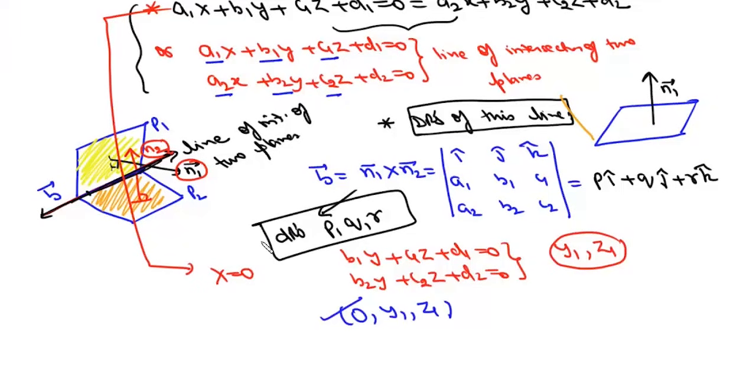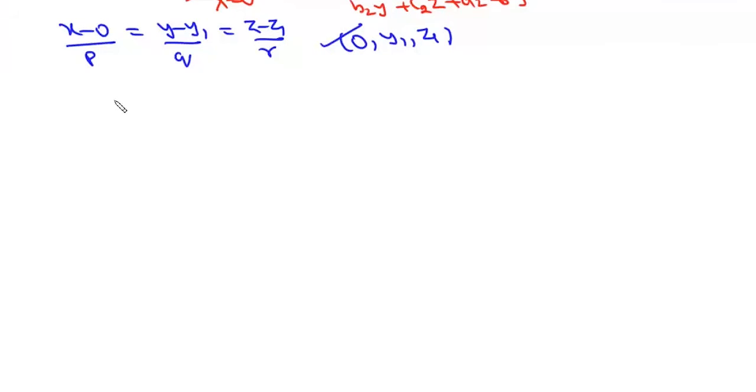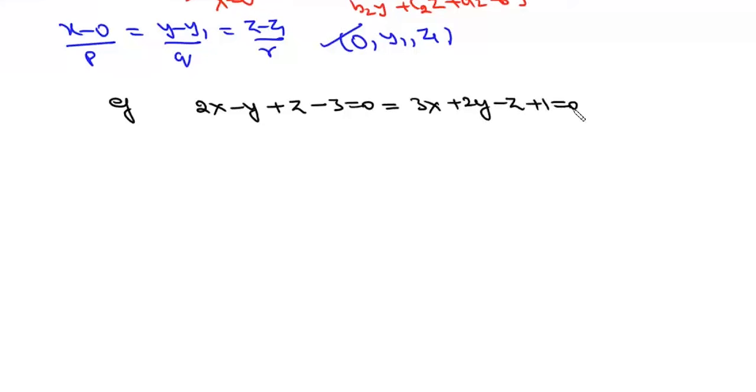So once we have a point and direction ratios, we can write the equation of this line in symmetrical form as x minus 0, y minus y1, z minus z1 upon P, Q and R. Now say for example, we are given a straight line which is 2x minus y plus z minus 3 equals 0, and 3x plus 2y minus z plus 1 equals 0.